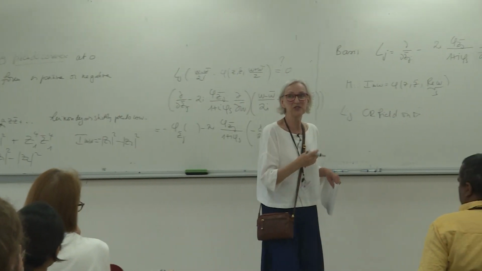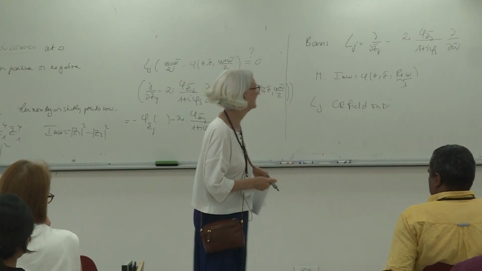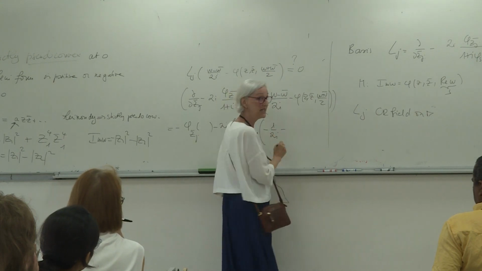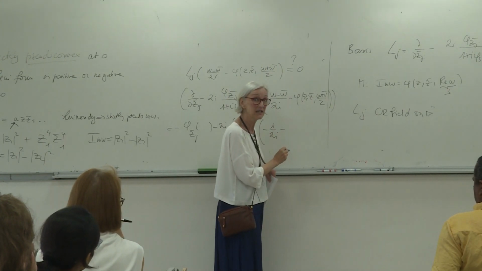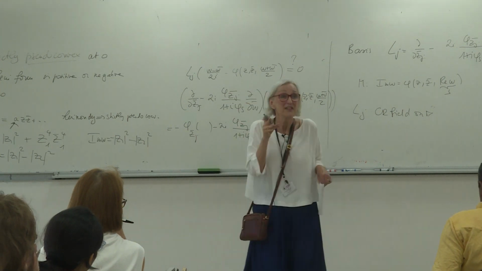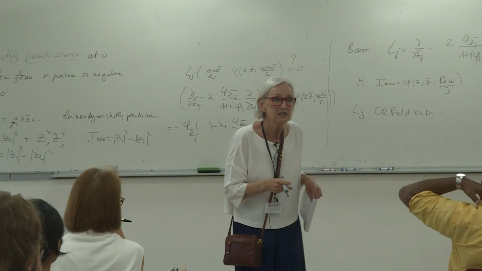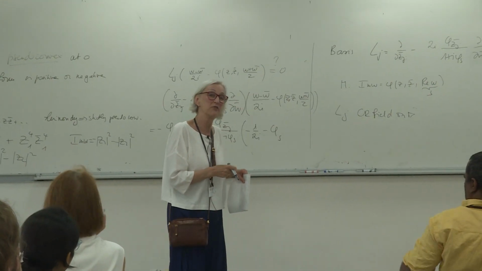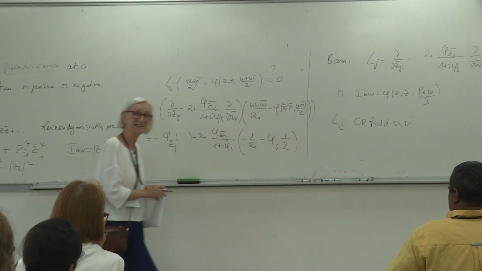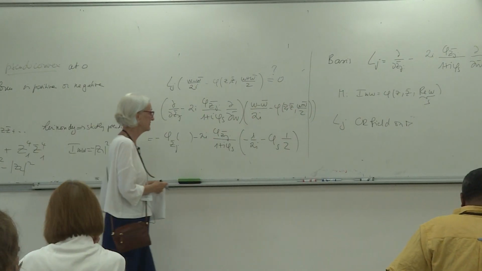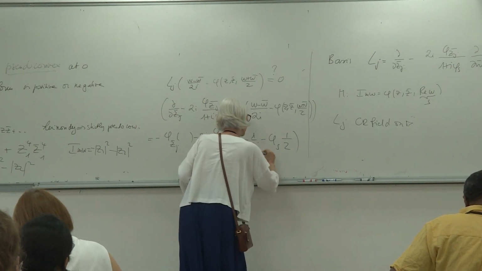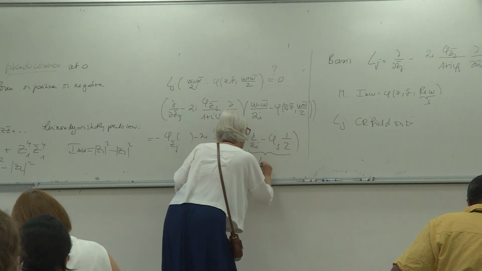it's Leibniz rule. So what do I do? Minus phi s times the derivative, which is what? 1 over 2. Yes. Okay? And then I guess it's clear, because what is this one? This is minus 1 over 2i.